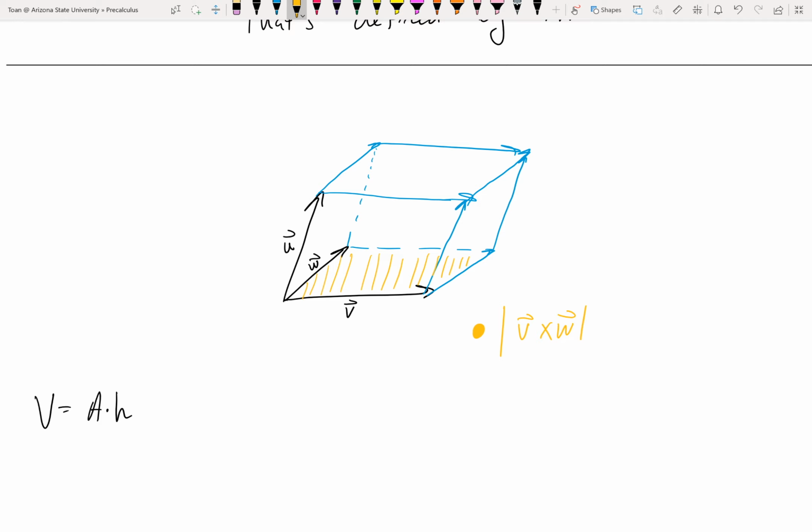Then all I need to do is figure out the height. Now, remember, heights are always altitudes. They're always the perpendicular height. So if I want to find the height of this parallelepiped, I need a length that's perpendicular to the base. I need a length that's perpendicular to two vectors.